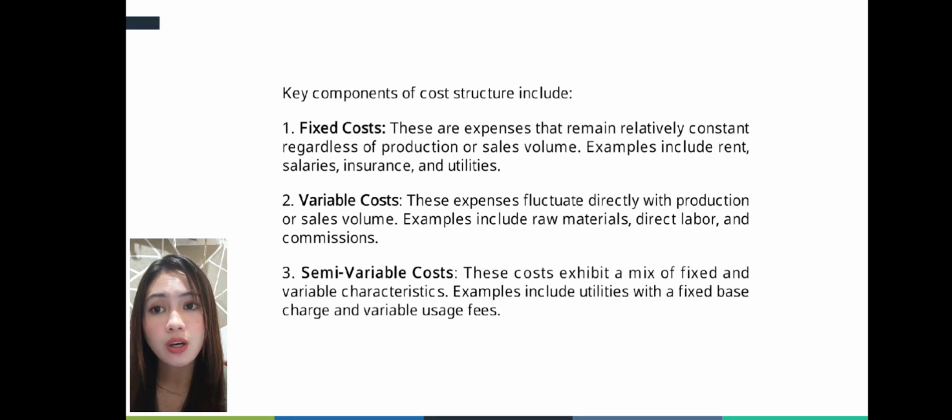The first one is fixed costs. These are expenses that remain relatively constant regardless of production or sales volume. In other words, fixed costs are costs that stay no matter how much product you sell.